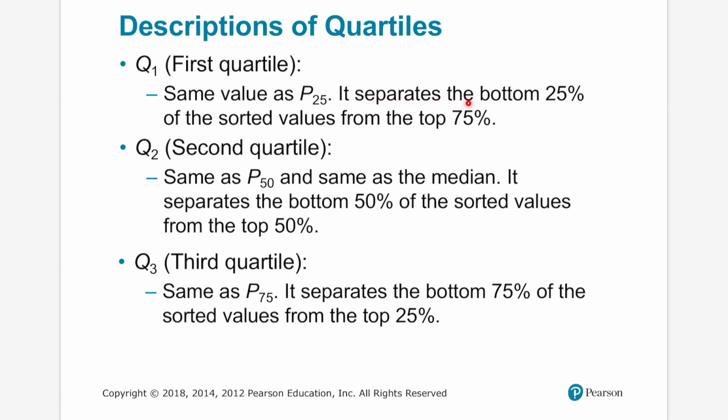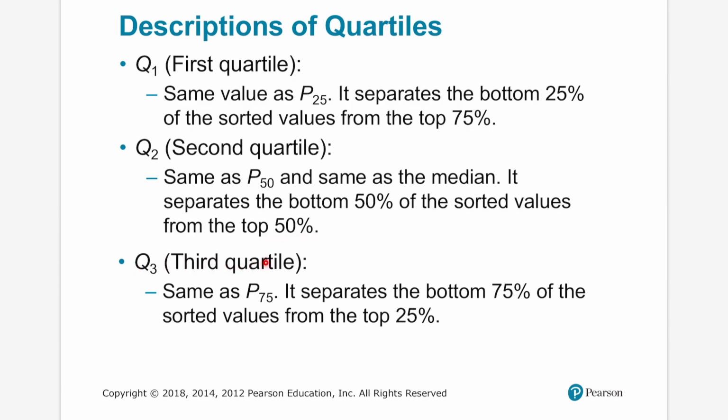It separates the bottom 25% of the sorted values from the top 75%. Q2, the second quartile, is the same as P50 and also the same as the median. It separates the bottom 50% of the sorted values from the top 50%.